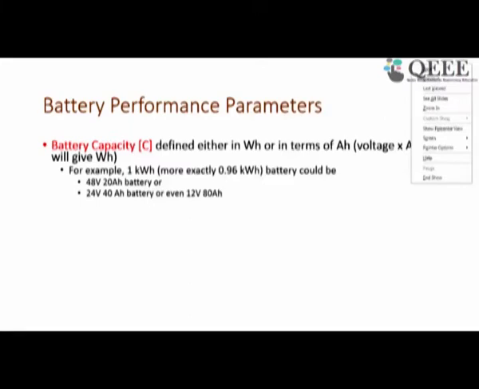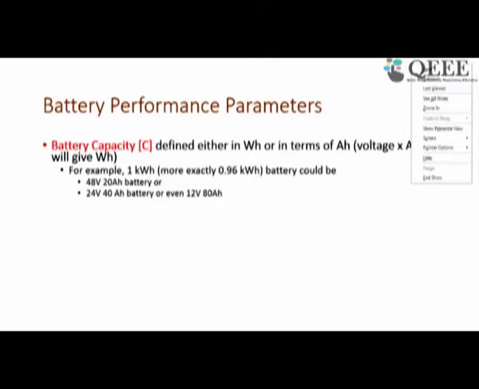I have here given you an example of a 1 kilowatt battery, or close to 1 kilowatt, 0.96 kilowatt battery, and it is a 48 volt 20 ampere hour battery. Or it is a 24 volt 40 ampere hour battery, or a 12 volt 80 ampere hour battery. All are 1 kilowatt hour batteries. A 1 kilowatt hour battery can store energy equal to 1 kilowatt hour.